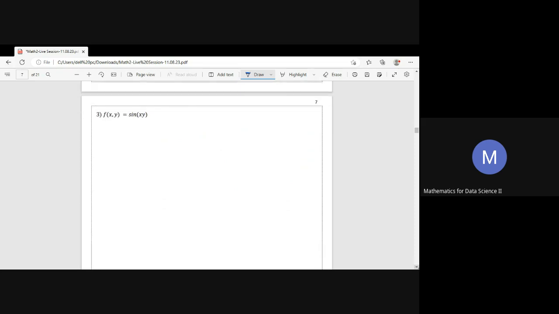Now for the next question, I guess it is a little lengthy, but it's not difficult. Again here an arbitrary unit vector we will take and find the directional derivative. So here you see that du of f is limit h going to 0, f of x plus hu1, y plus hu2, minus f of x comma y, and the whole divided by h.